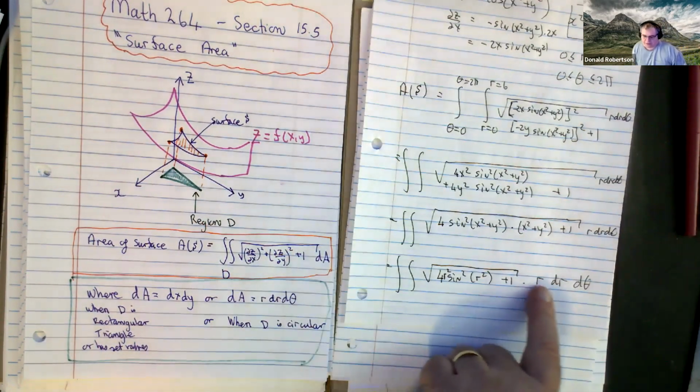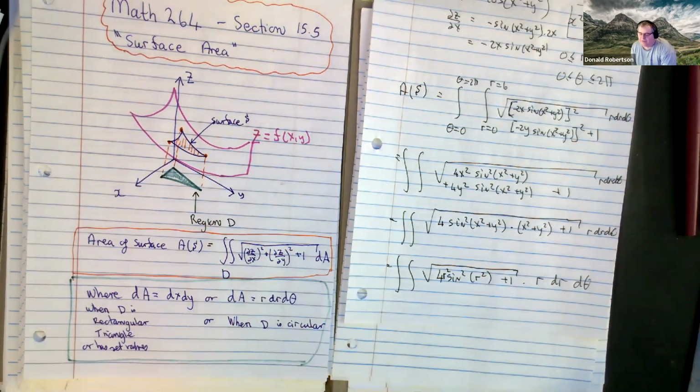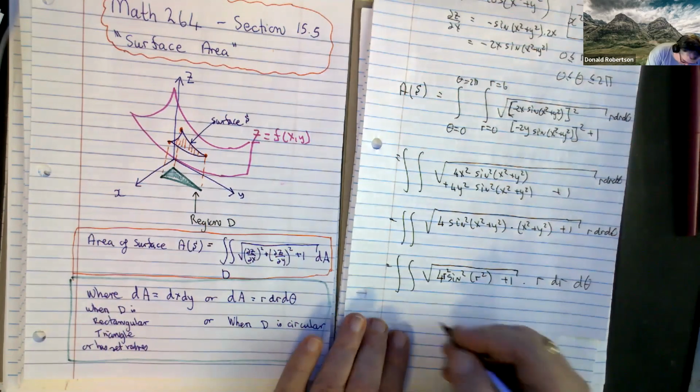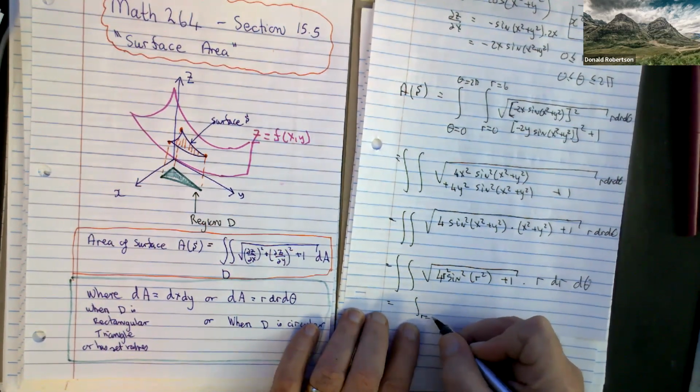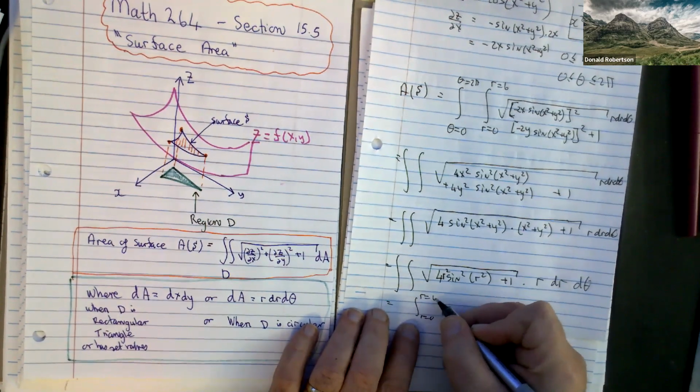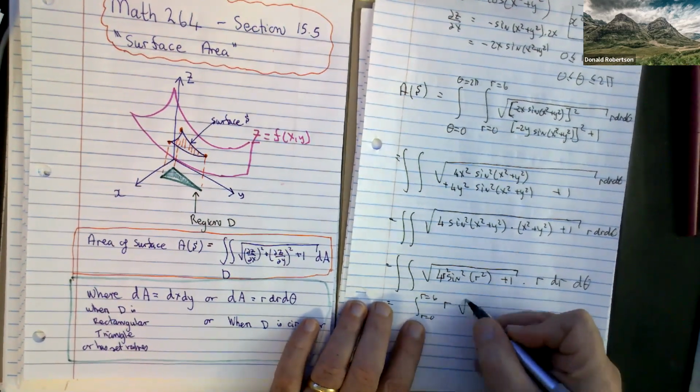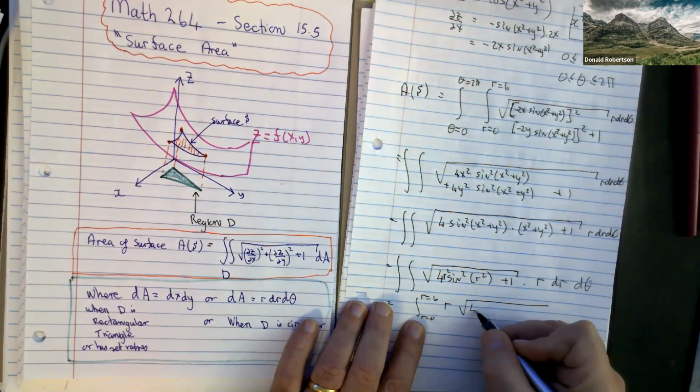Now you look at that integral, there's no way you're ever going to get a u sub or any other standard technique. So that means you're going to find the integral from r equals 0 to r equals 6 of this ugly expression.